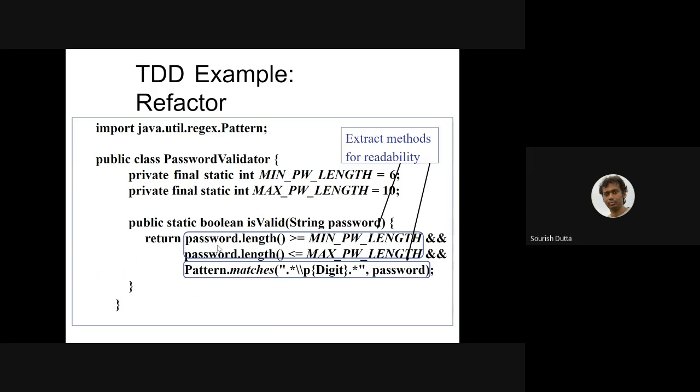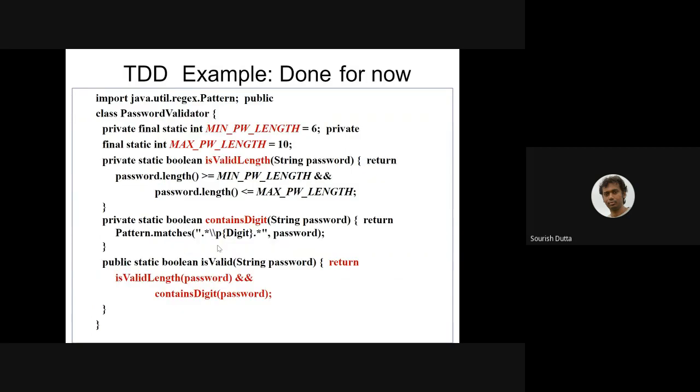And then we can take the first two conditions, that is, is the password length valid, that is, is the minimum length and maximum length valid. So we can again extract that out into two different methods. One is given as contains digit, and another one is given as valid length, that have now been combined.